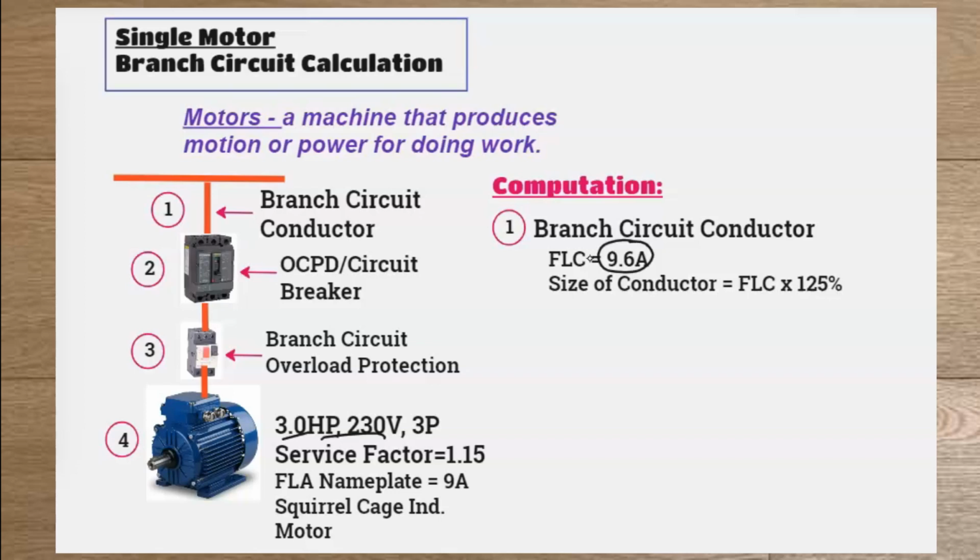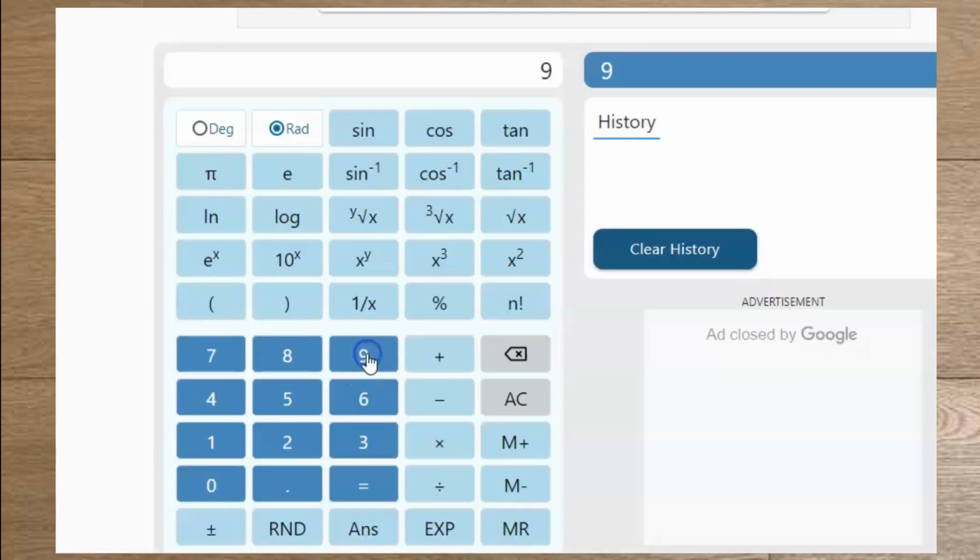Okay, so to continue, so for the size of conductor, yung ating full load current is 9.6, and then let's multiply by 125%, or we call as 1.25. If you look at the calculator, that is 9.6 times 1.25. So meron tayong answer na 12 amperes.